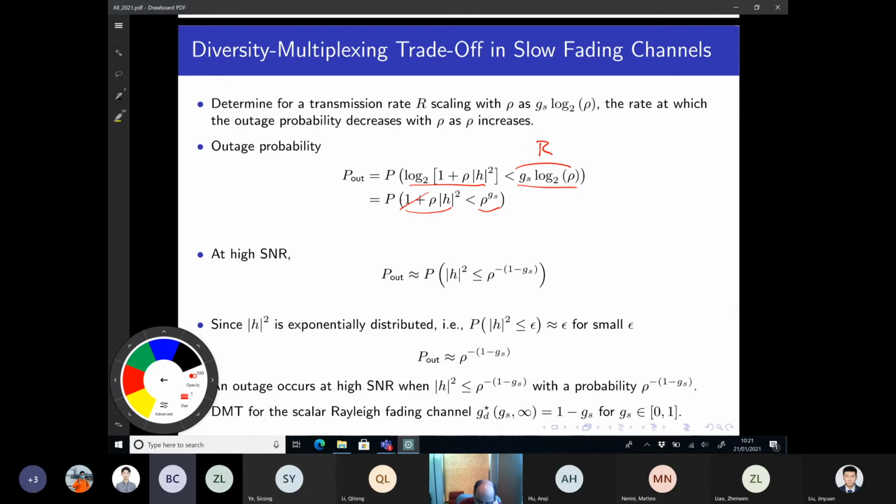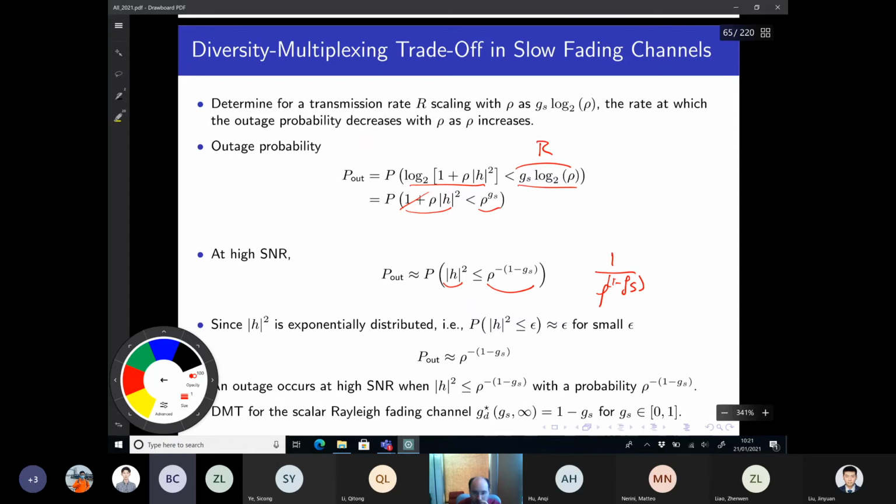And so I'm going to have an outage essentially when my channel realization is smaller than this quantity. So if rho is your long-term SNR, you're going to have an outage whenever your channel realization, the channel strength, is smaller than this quantity. So this is 1 over rho to the power 1 minus GS.